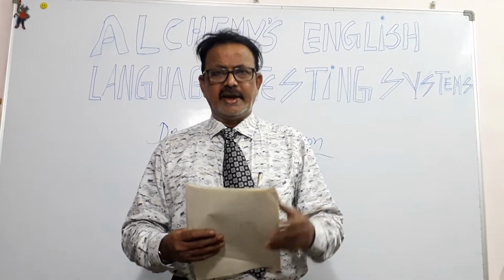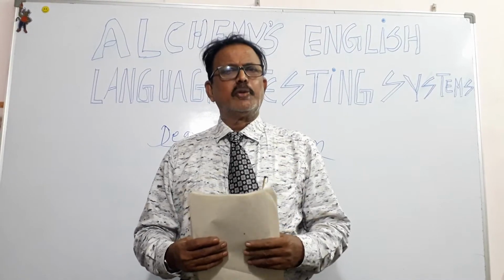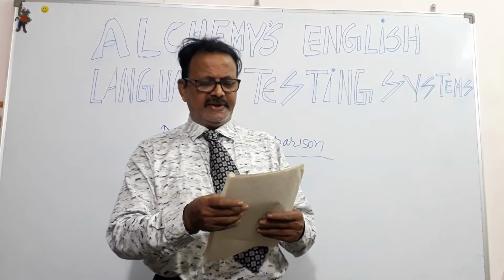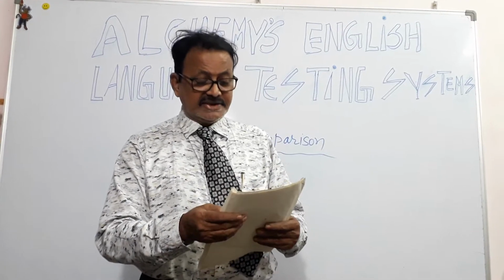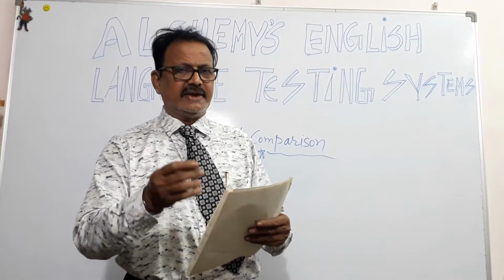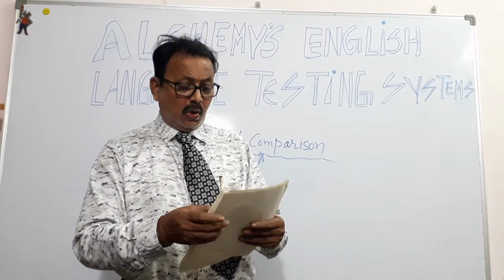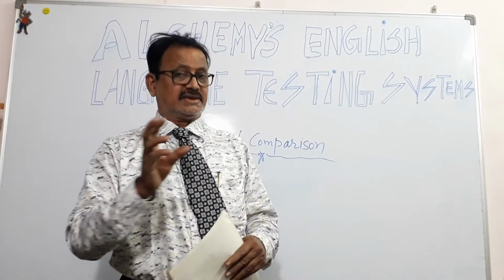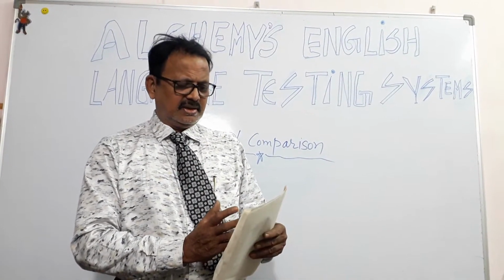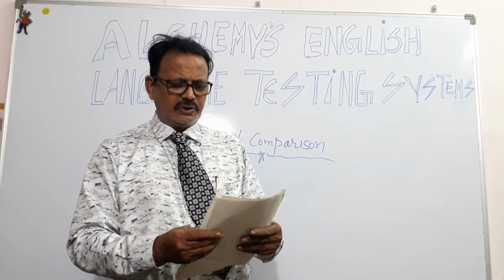So again, to be more precise, on the basis of its meaning, an adjective is identified as belonging to one of the 4 subclasses. I think it's clear to you.